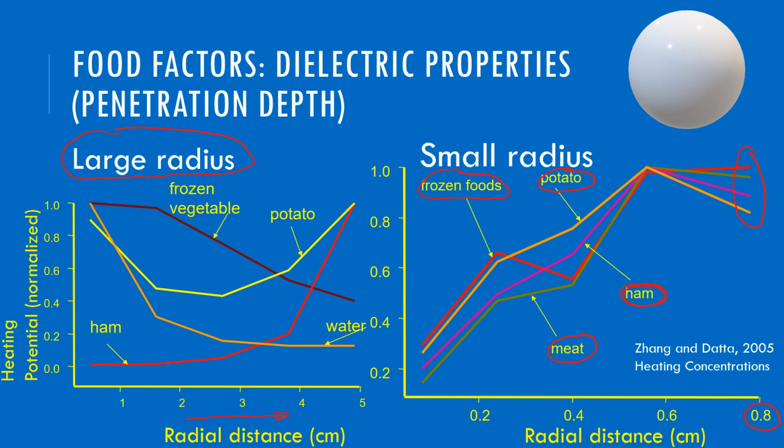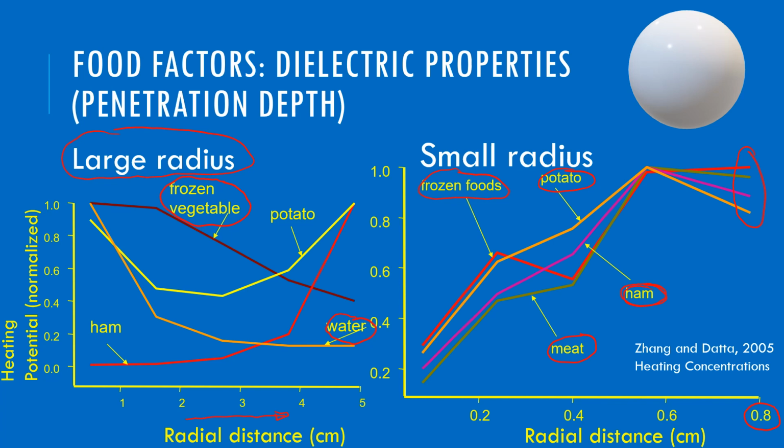At the larger radius, penetration depth plays a very significant role. Foods with longer penetration depths, like this frozen vegetable here or water, and this, by the way, is pure water without any ions or any salt in it, for these longer penetration depths, there is significant focusing.